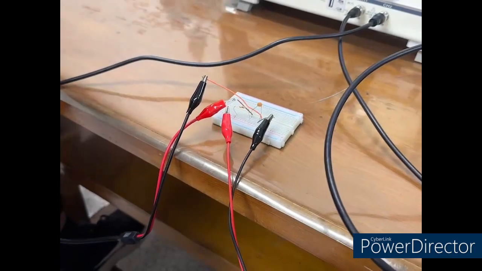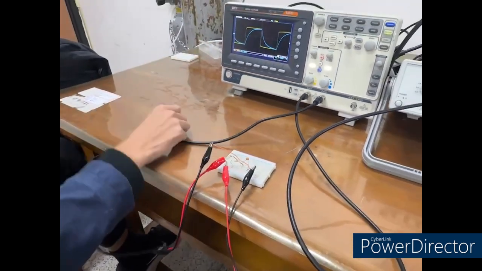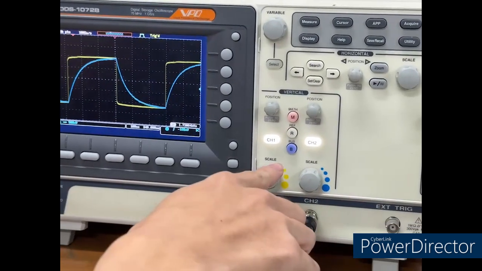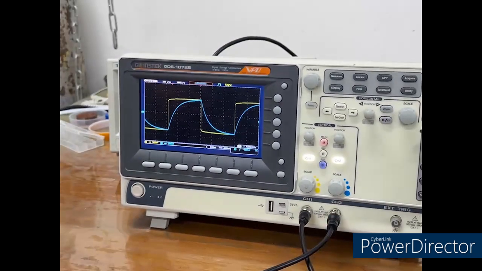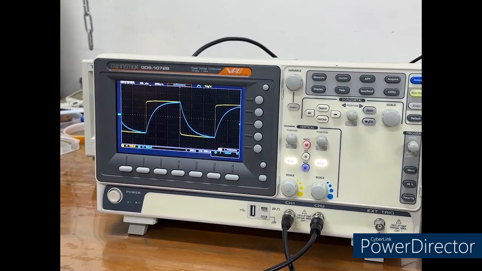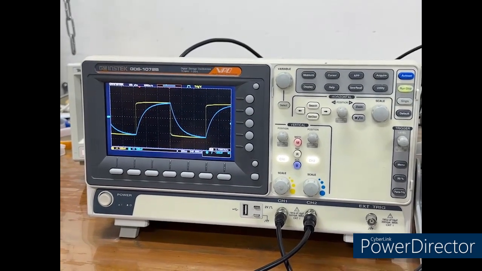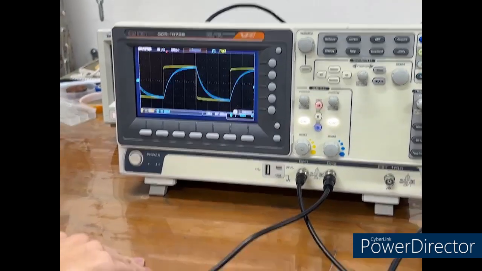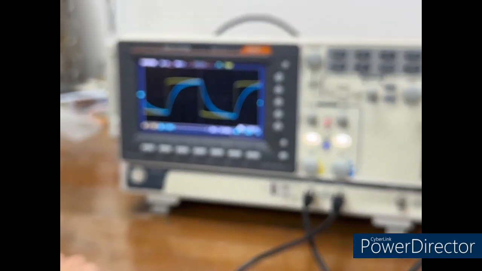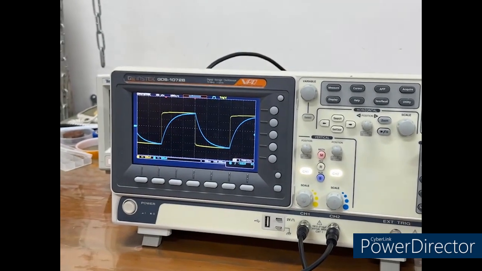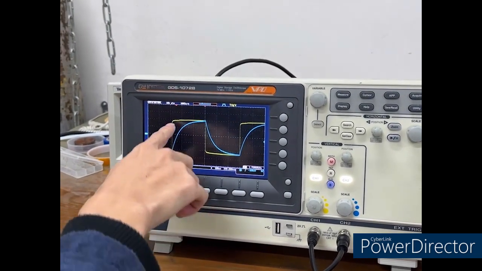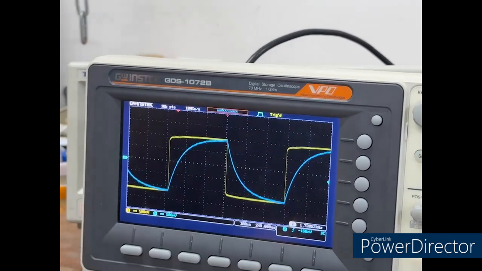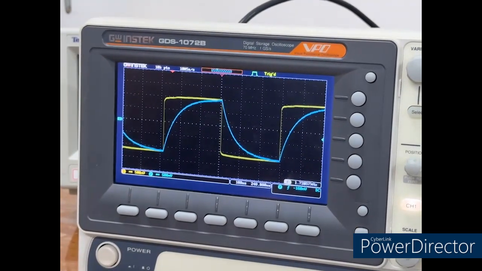Let's look at experiment 1. Observe the wave. In this experiment, channel 2, the blue line, represents the function generator inputting the square wave to the capacitance. Channel 1, the yellow line, represents the capacitance voltage as the input voltage increases. The capacitance starts charging, and the voltage increases exponentially.